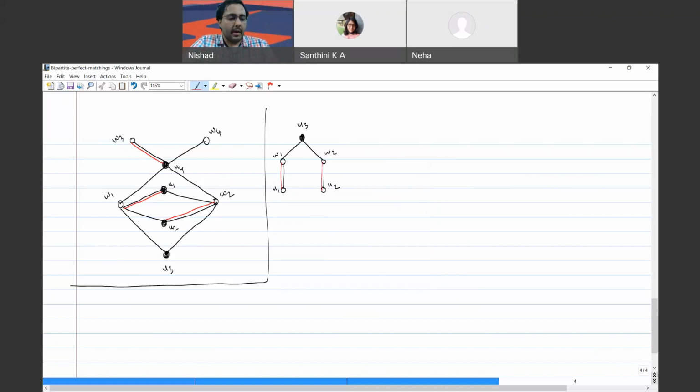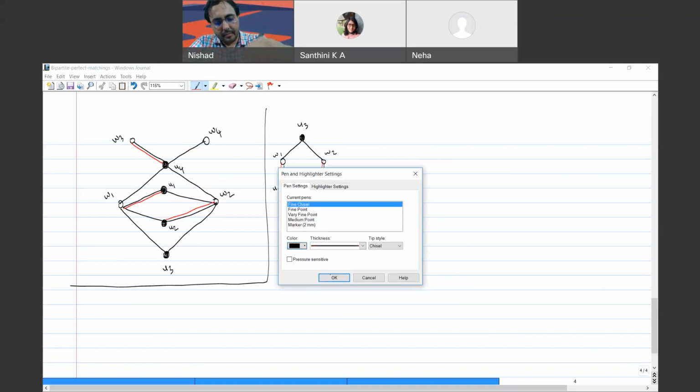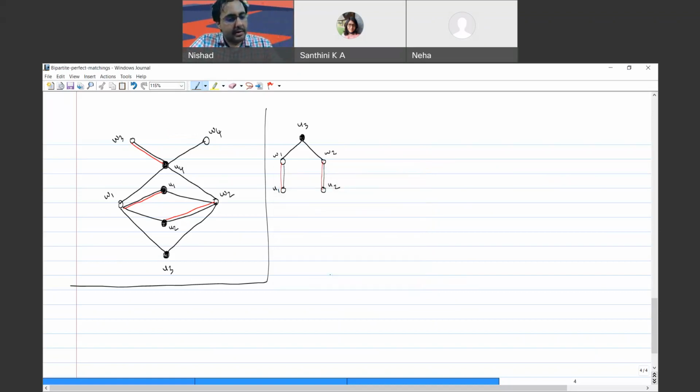Okay. And now let's see what we have at U1 and U2. U1's neighbors are exactly W1 and W2, which are both already in our tree. And U2's neighbors are also simply W1 and W2, which are also in our tree, right? So at this point, we can't really build this tree any further.